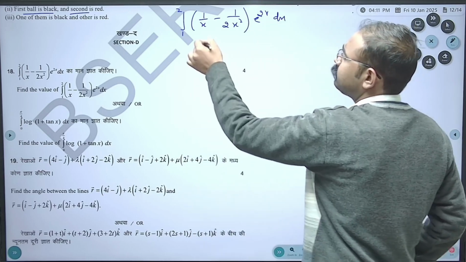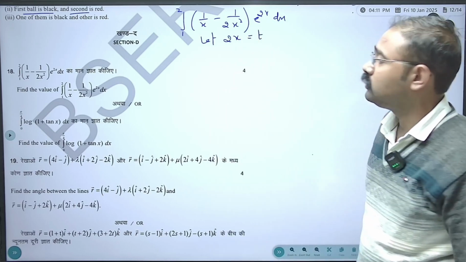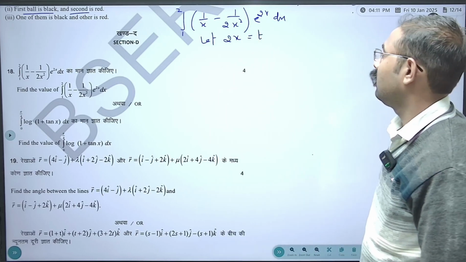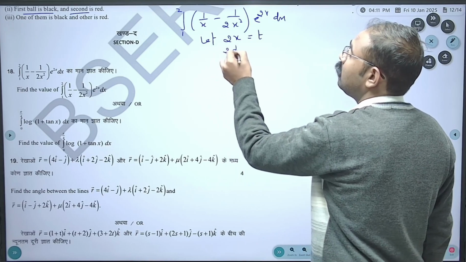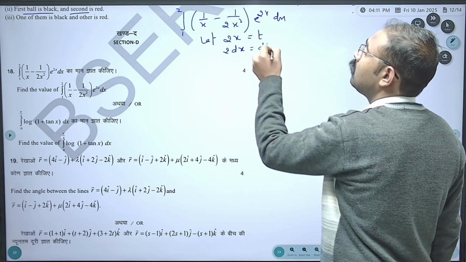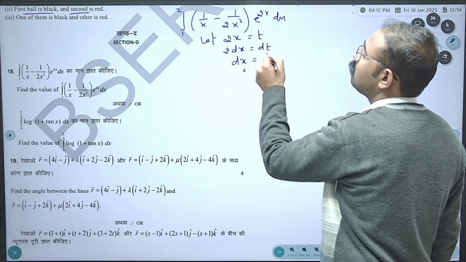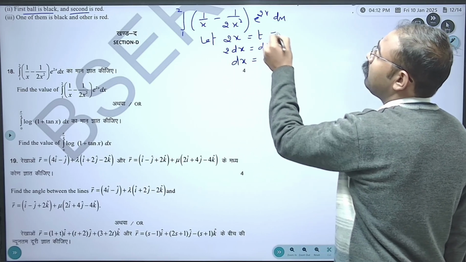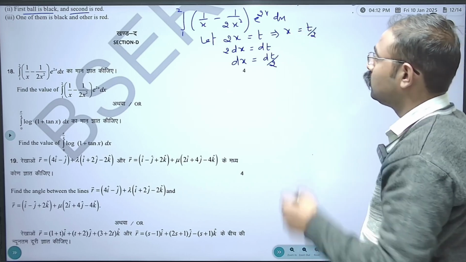Now let 2x be equal to t. I am choosing 2x as t. Now by differentiating it, 2 dx is equal to dt, and dx is equal to dt upon 2. From here the value of x will be t upon 2.